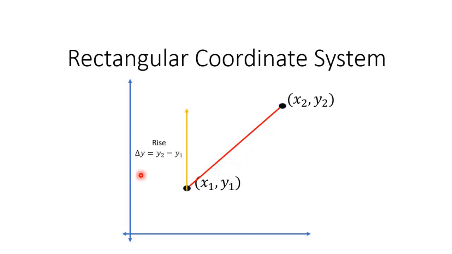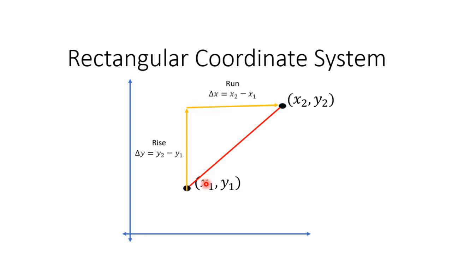Now, to find the rise, delta y, we just simply take the second point's y value, y2, and subtract from it the first point's y value, y1. So rise is y2 minus y1. It'll tell you the vertical change from one point to the next.